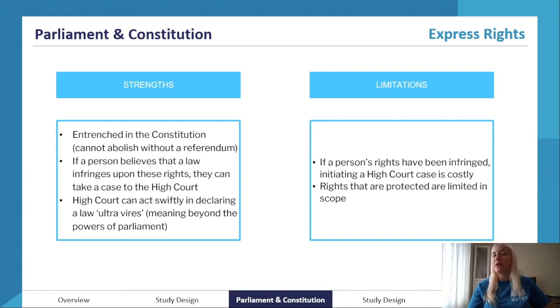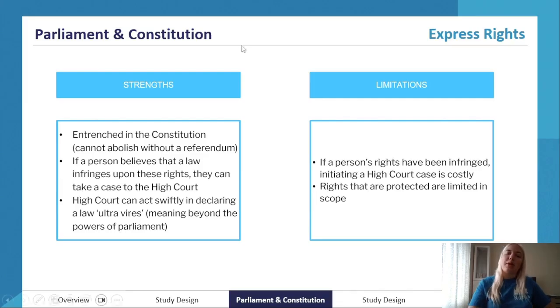So someone else would have to come along that does have standing, has the money and the time to initiate a case in the High Court. Otherwise, a law that is harmful and contradicts the Constitution will continue to operate until a suitable case and a person with standing comes along to the High Court with a claim.